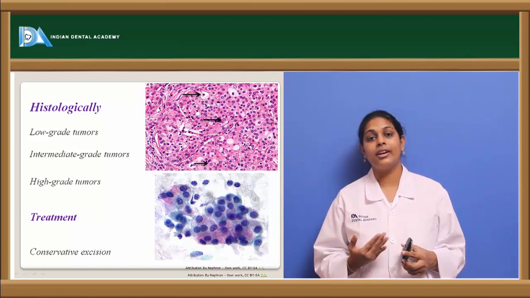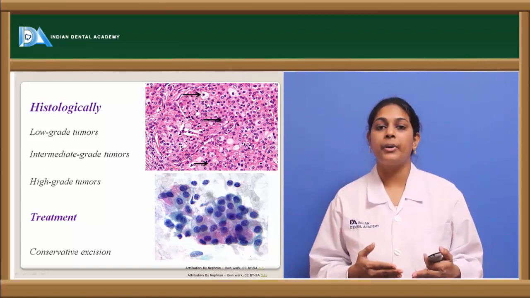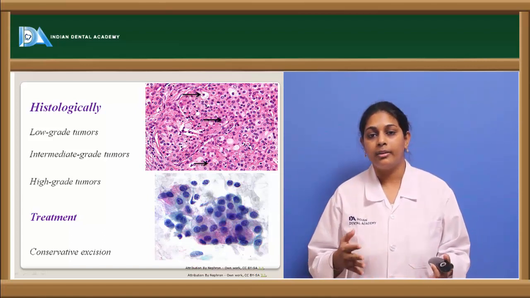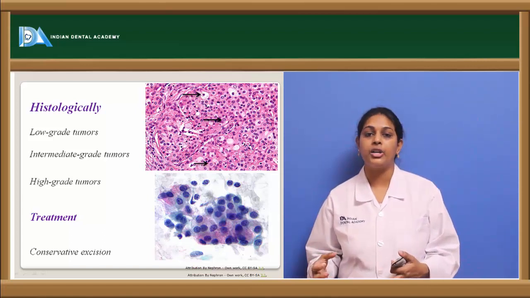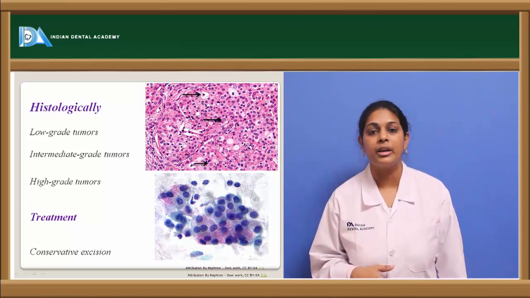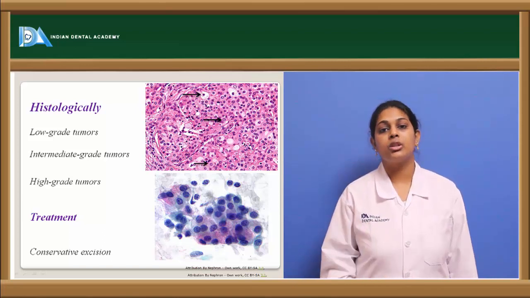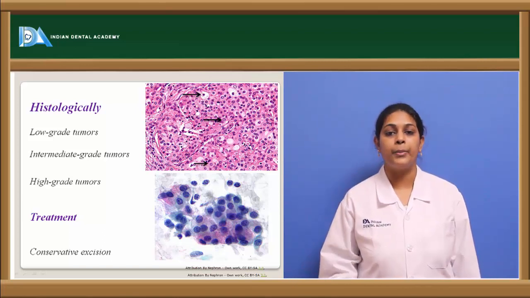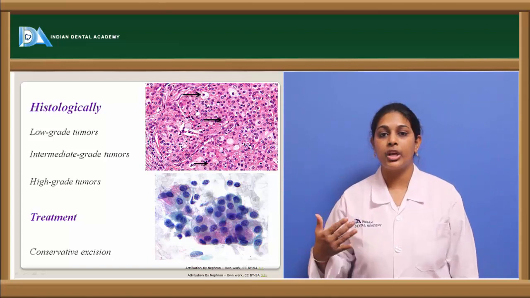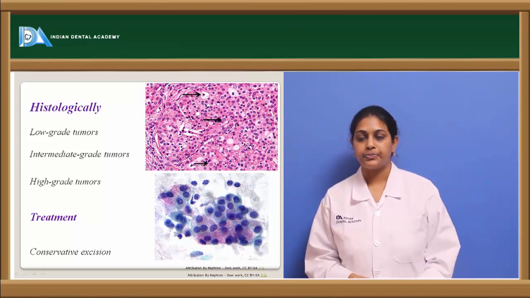The next is the intermediate group of cells. It is so-called because it gives an appearance of both the mucous as well as the epidermoid cell. Based on certain studies, it has been observed that this intermediate cell could probably be the progenitor which gives rise to the mucous cells as well as the epidermoid cells. So these are the 3 cell variations which we see in a mucoepidermoid carcinoma.